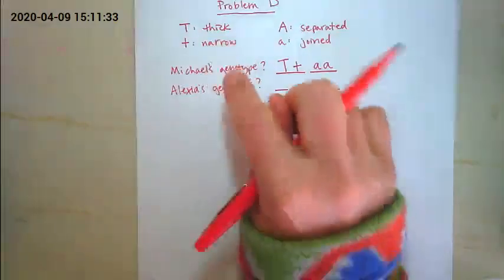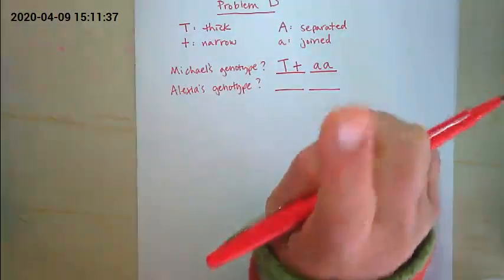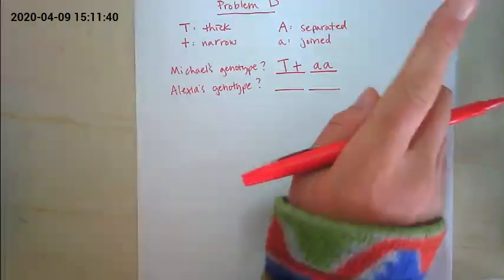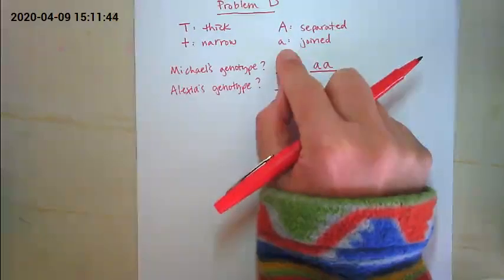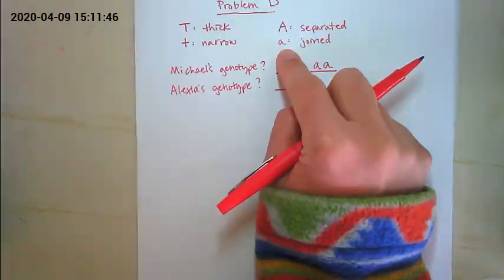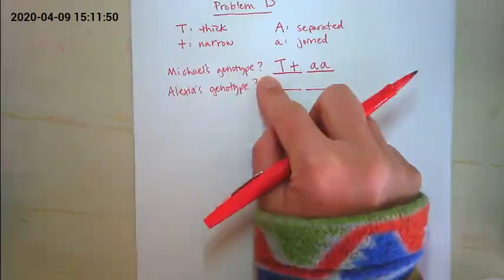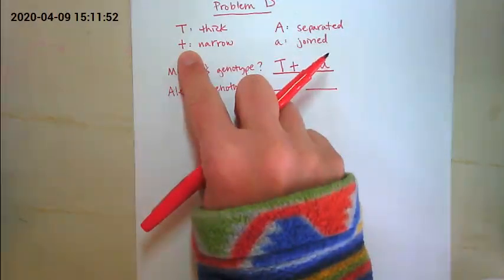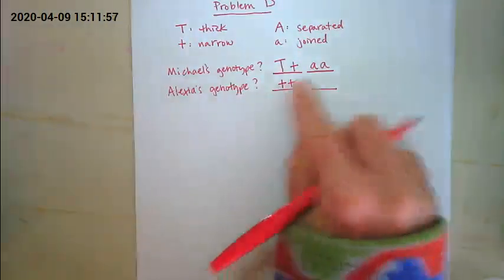So his wife and his mom have the same eyebrows. But it does tell you that Alexia's dad had a unibrow. What that's telling you is that she's going to have to be heterozygous for the joined trait. We'll get to that in a second. She has narrow eyebrows, so that means she has to be little t, little t.